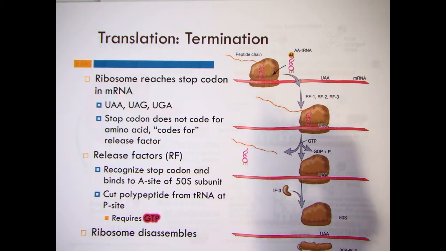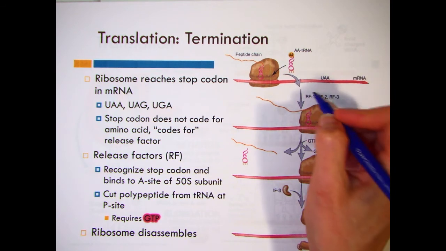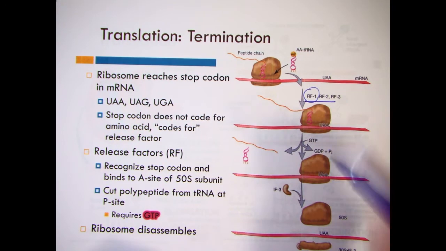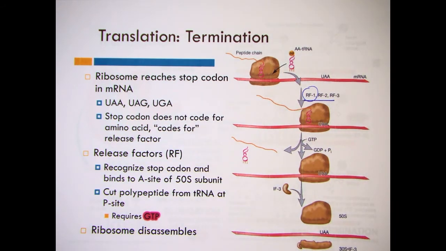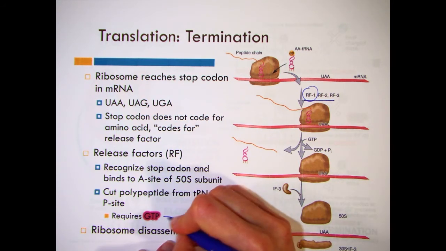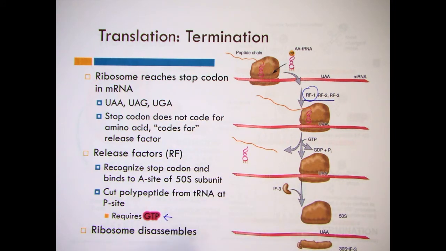And so the release factor will come in, and it's not really shown in this picture, but actually I guess there's several of them. Release factors will come in, and the release factor will cut off the protein and allow the ribosome to disassemble. Unsurprisingly, this requires more GTP.